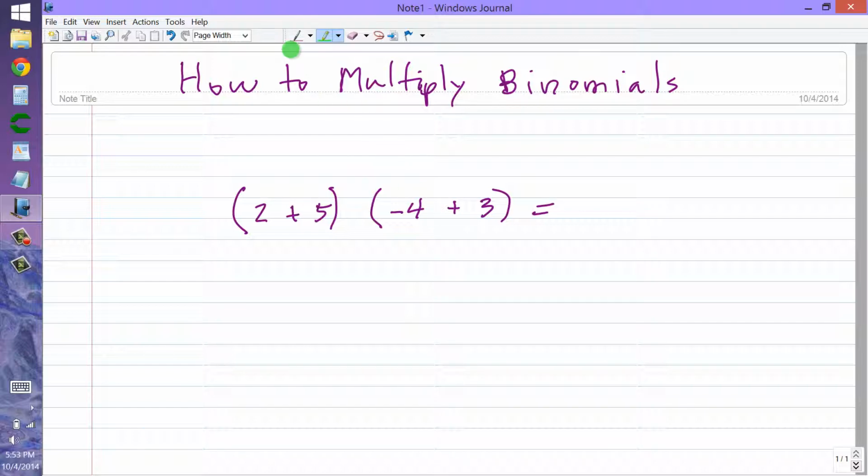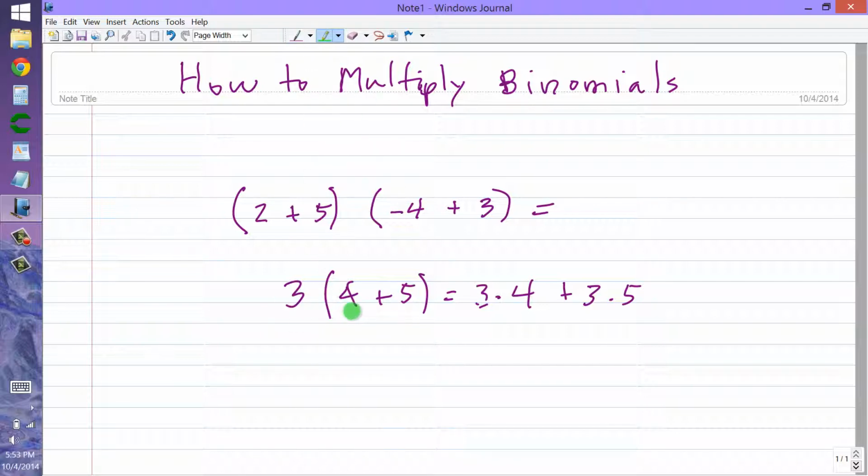Now you may remember the distributive law for multiplication over addition. For example, 3 times (4 plus 5) equals 3 times 4 plus 3 times 5.